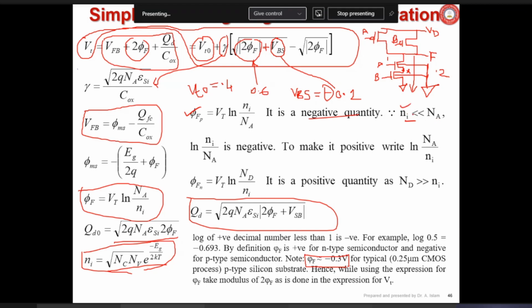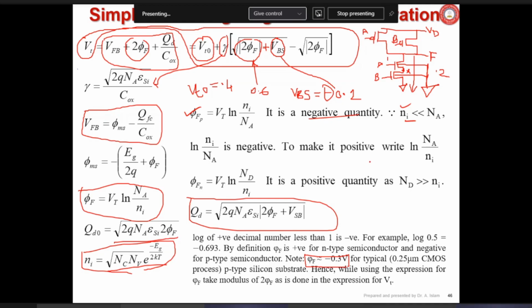Ni is what? Intrinsic carrier concentration. And Na and Nd, I hope they are not unknown things for you. Do you know or not? Yes, sir. Donor and acceptor concentration.